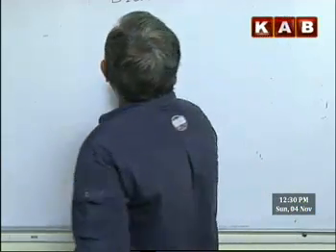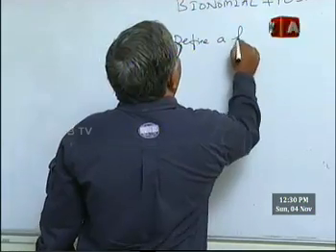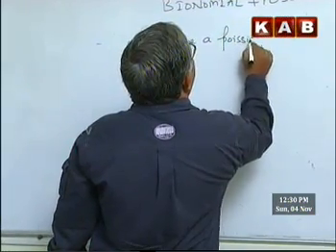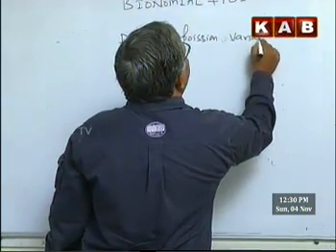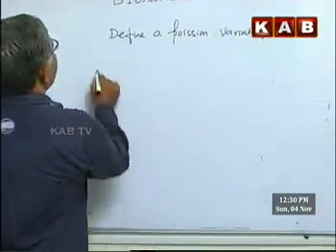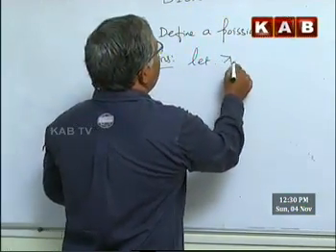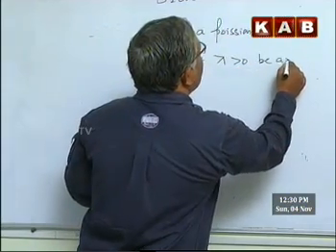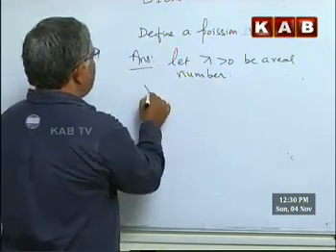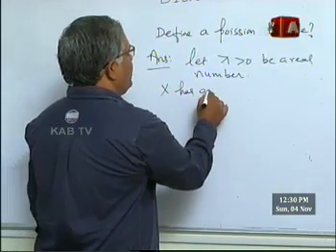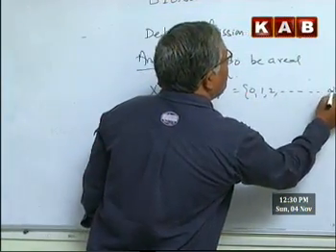As usual, they can ask you, define a Poisson distribution variate or variable. So what is the answer? Let lambda greater than 0 be a real number, and x has a range 0, 1, 2, 3 up to infinity.